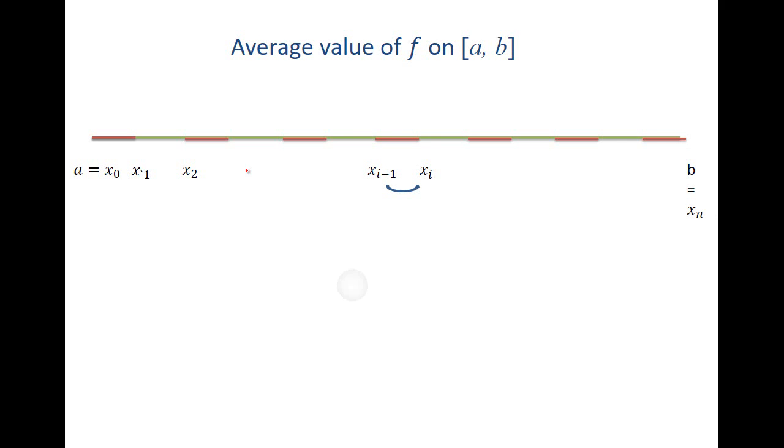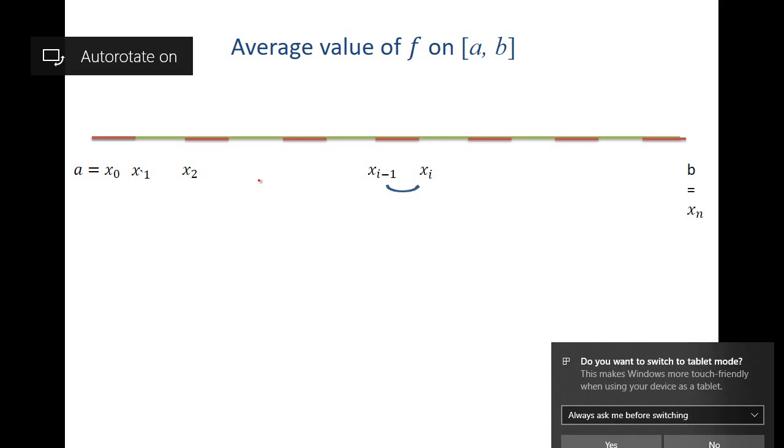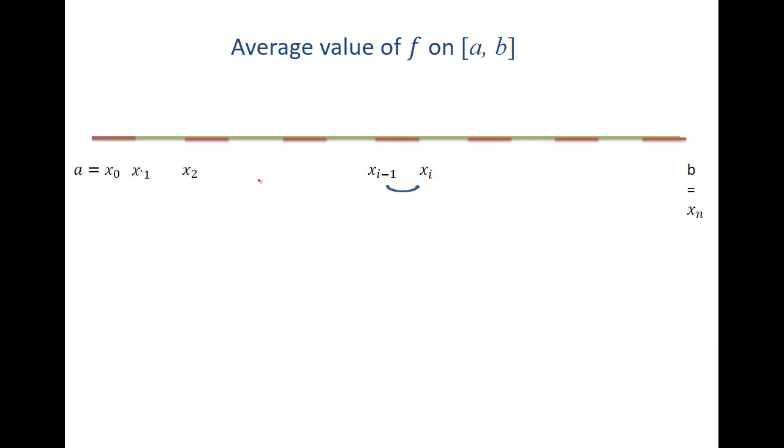So we have partitioned the interval from a to b into n subintervals. This is the interval from x0 to x1, that's the first subinterval.